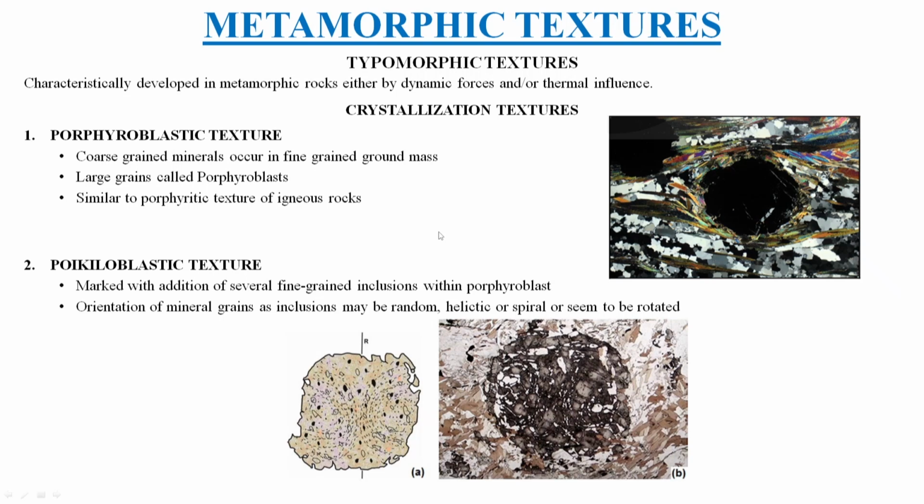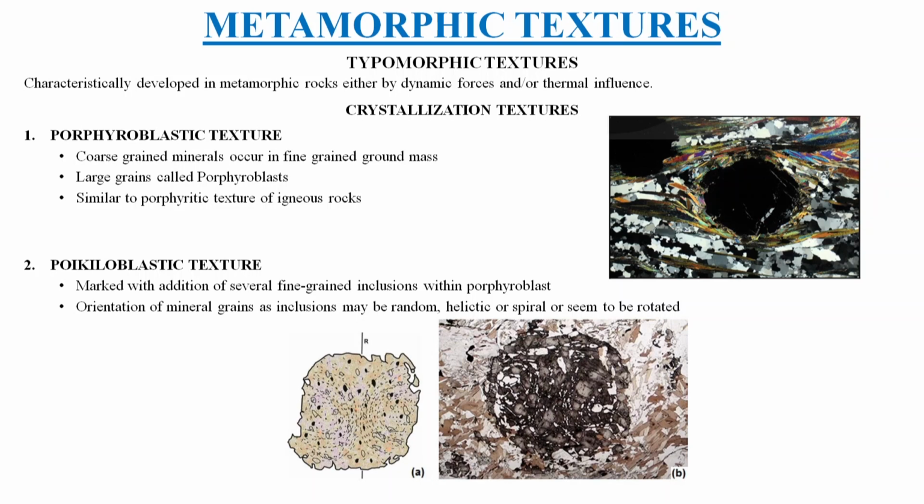Okay. So, the other type of typomorphic texture is solely based on crystallization, the textures formed during the crystallization process. The first one is again your porphyroblastic texture, like I was referring to. It is the same as, if it is porphyritic, it is obviously of igneous origin.